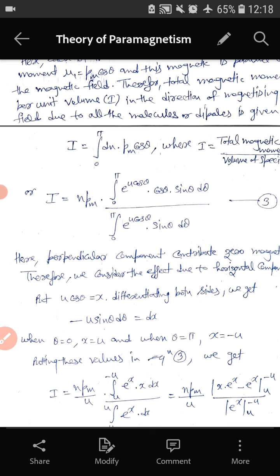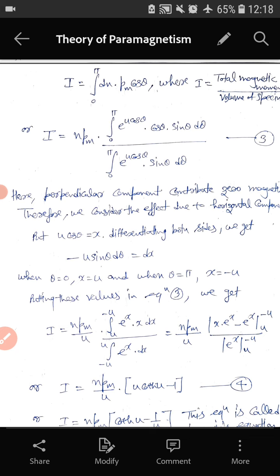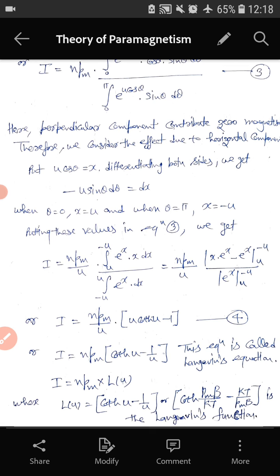Similarly, when theta is pi, x is equal to minus u. Now substituting these things in the above integral, equation number 3, the equation will get simplified, and by solving the integral, I'll come to the direct result.